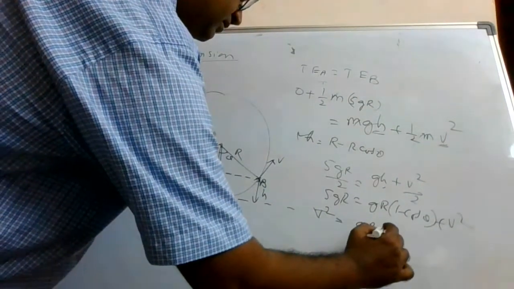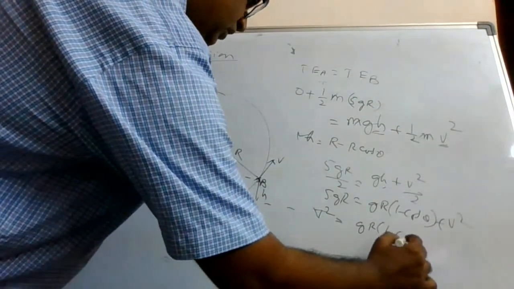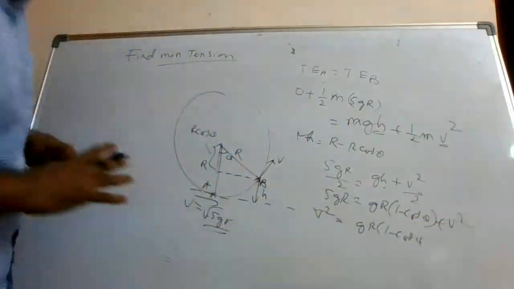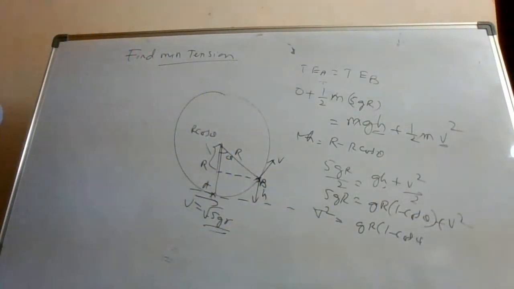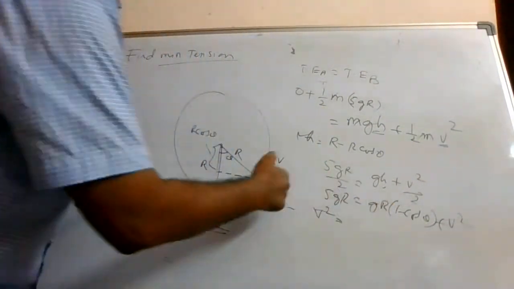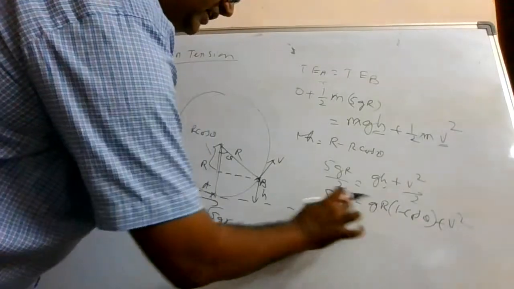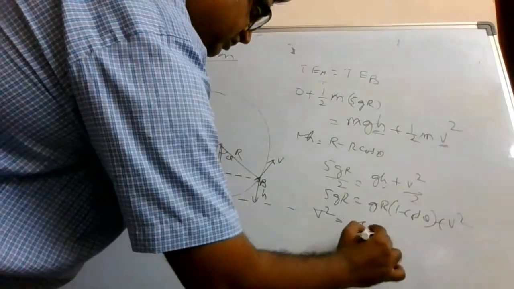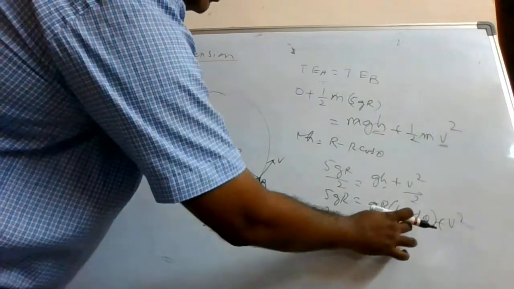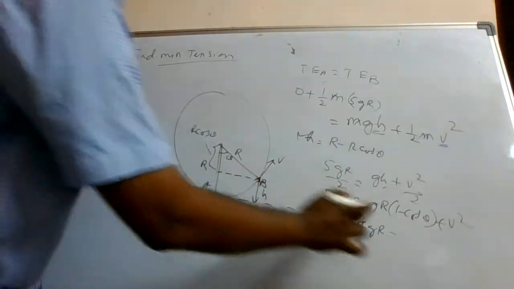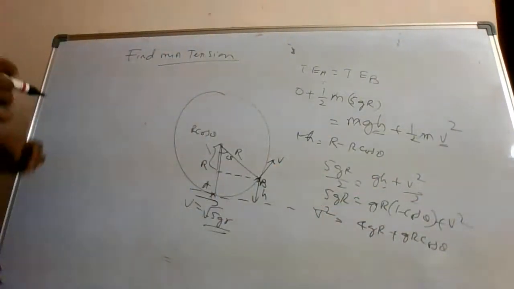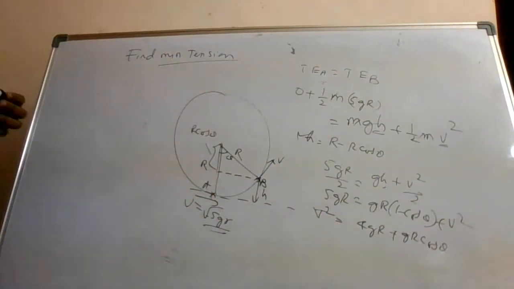gr (1 minus cos theta). So we are finding v square, so I need to send this term to the other side. I did a small goof up here. I have to send this value to the other side. So 5gr is there, here gr is there, so this will become 4gr. Okay, this is minus gr cos theta. This side it goes, it becomes plus gr cos theta. This is what we are getting.